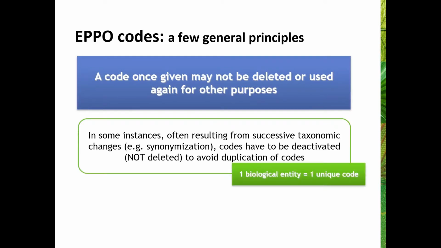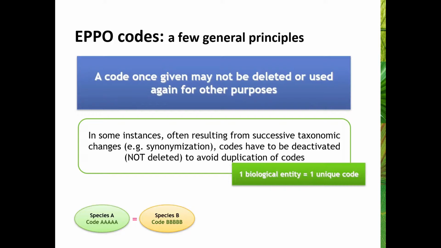So it's true that in some instances, when taxonomic changes oblige us, some codes sometimes become obsolete because of synonymization of names. Those codes are not deleted, but they are deactivated because we cannot have two codes for the same species.